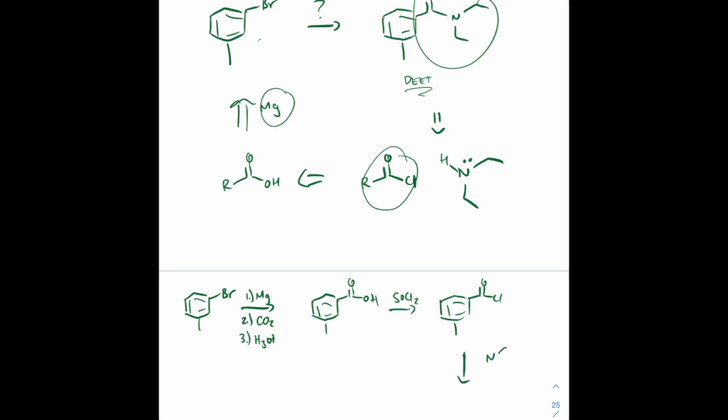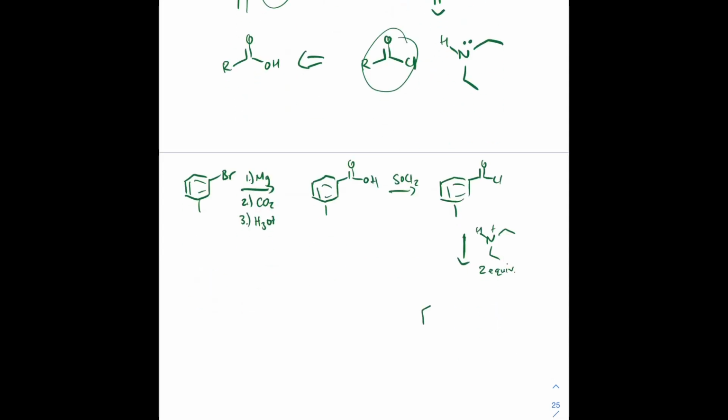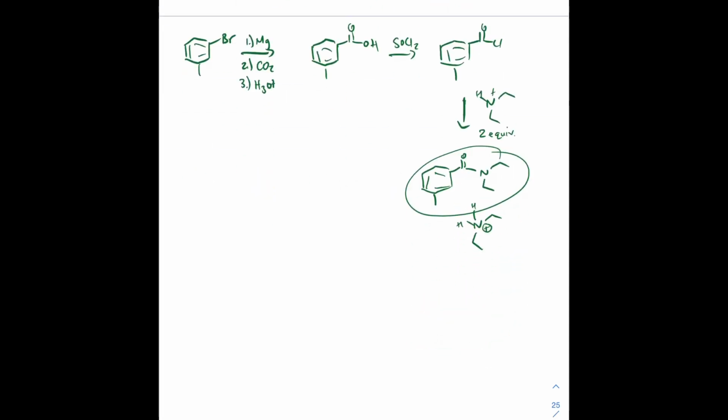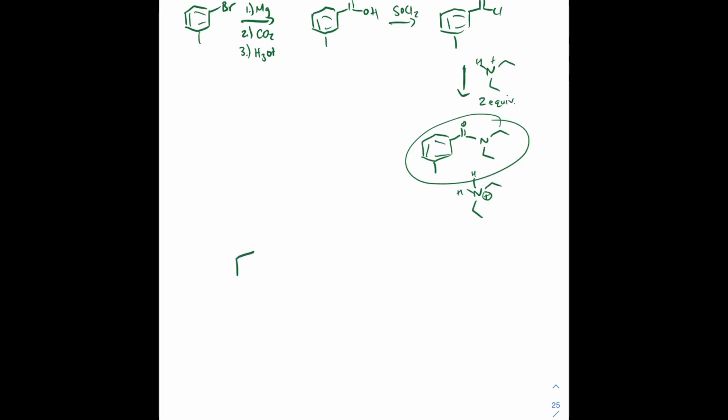Carboxylic acid with thionyl chloride makes the acid chloride, and then throw in the amine, 2 equivalents, and we get our DEET final product. The second equivalent of the amine is to neutralize, and we get an ammonium from that. So that's just another example of a multi-step synthesis that we should be able to handle pretty easily, eventually at least.